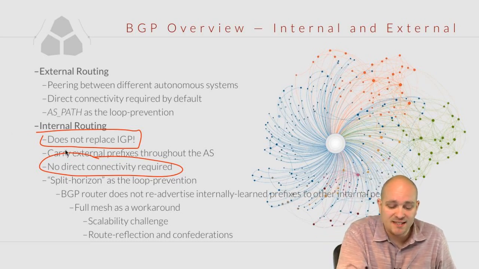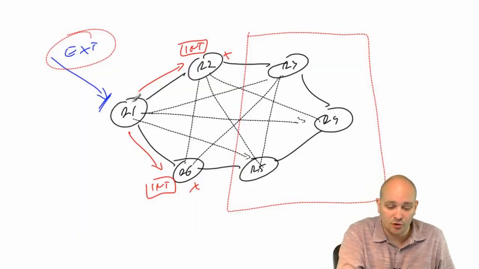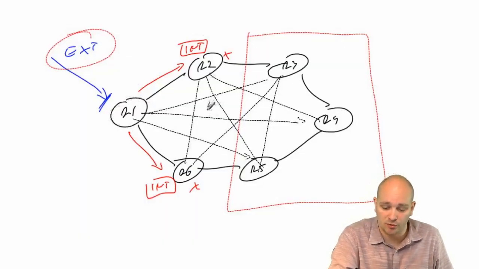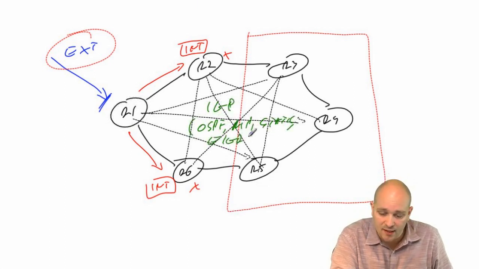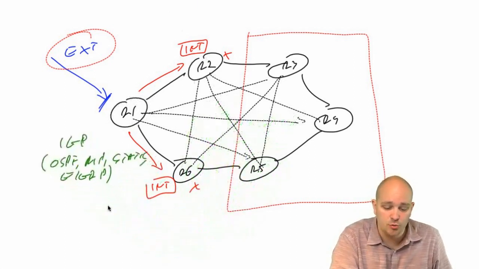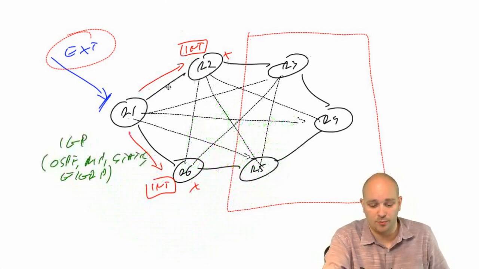Direct connectivity is not required for peering sessions because this router here, using the IGP protocol that we are running here, which could be OSPF, it could be RIP, it could be static, it could be EIGRP, anything that we can use as IGP is okay to use as the routing protocol here.